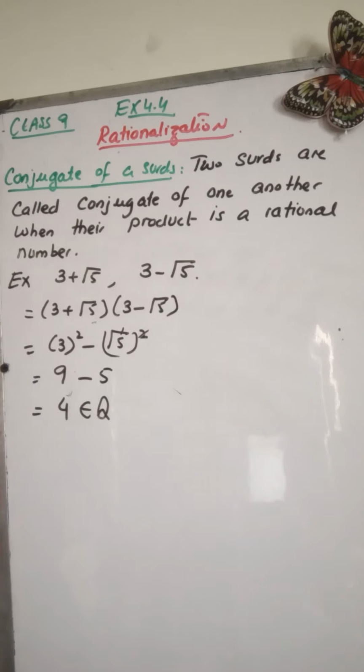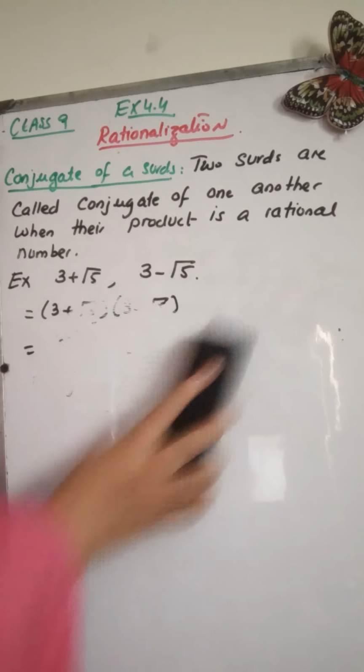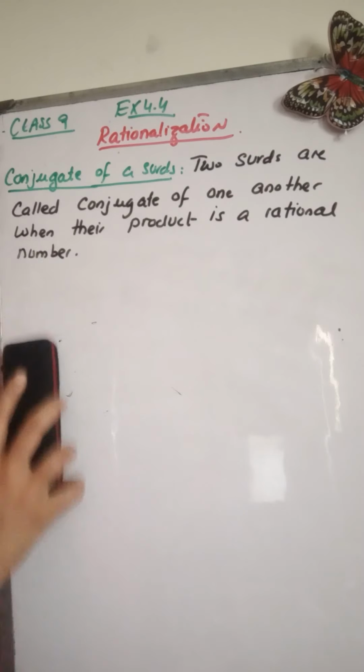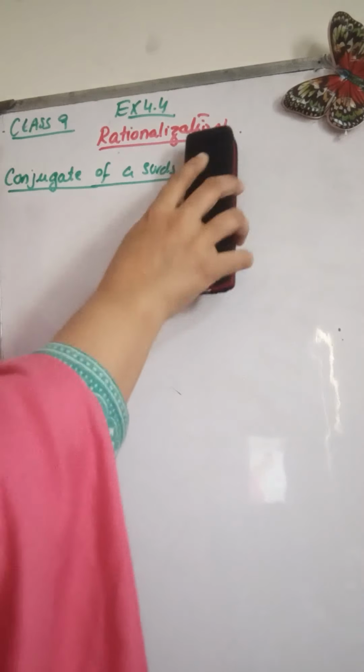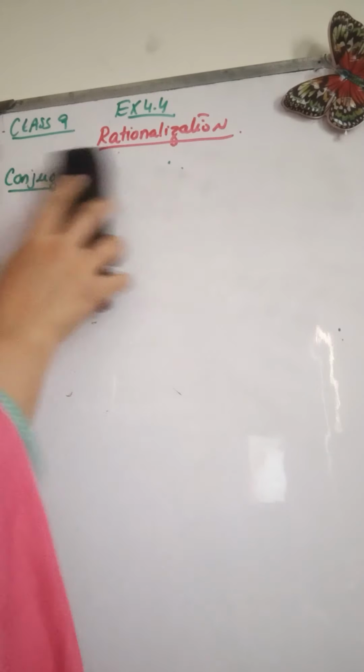If you have a surd, then in order to find the conjugate, we just have to change the sign before the radical sign.